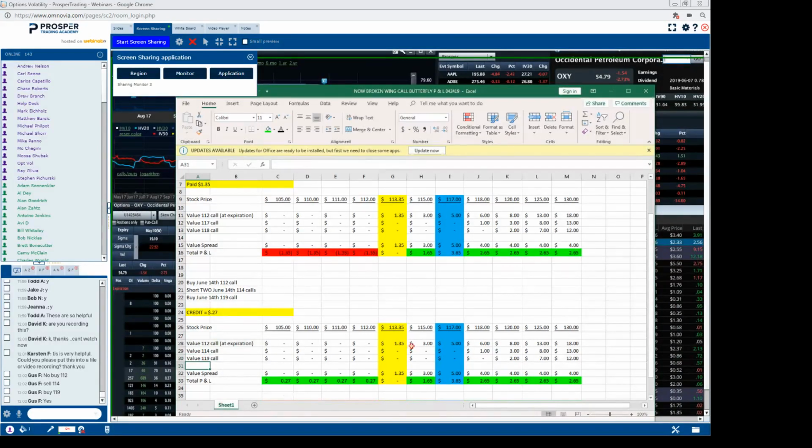Okay, so at 114 now, that's going to be the max that we could ever make on this. So our long call's worth 2. The others are all worth 0. However, not only is the long part of the butterfly worth $2, we also have our initial credit. So a max profit there of $2.27.